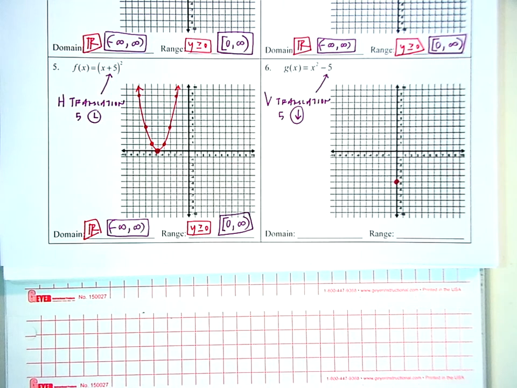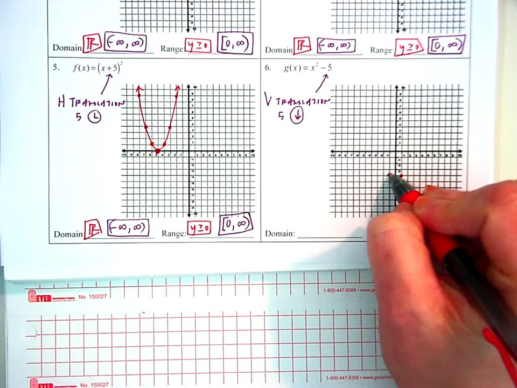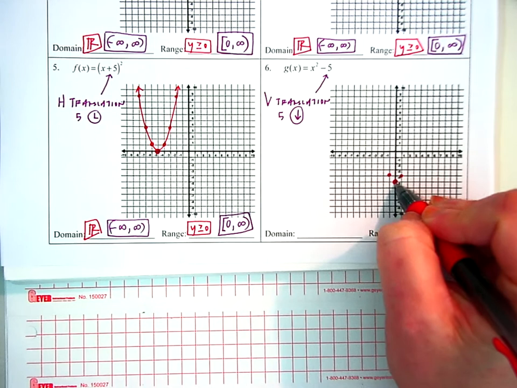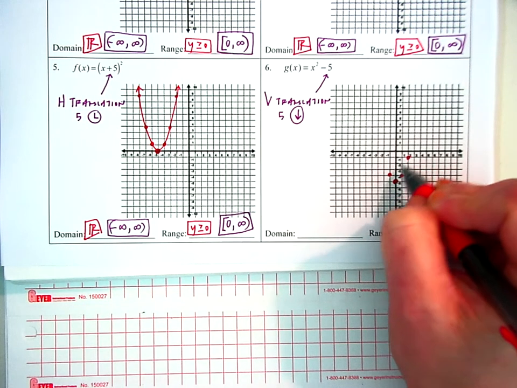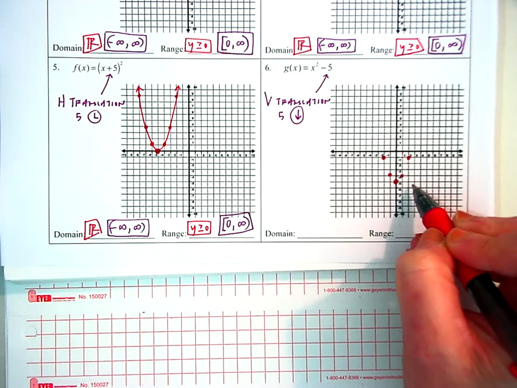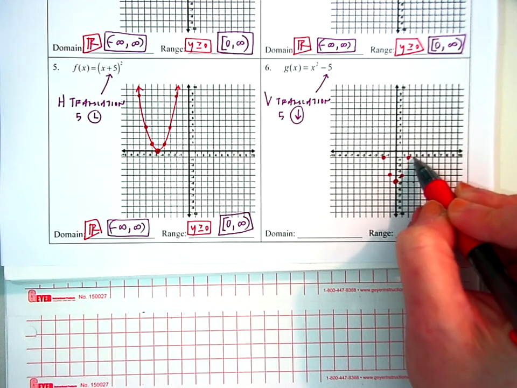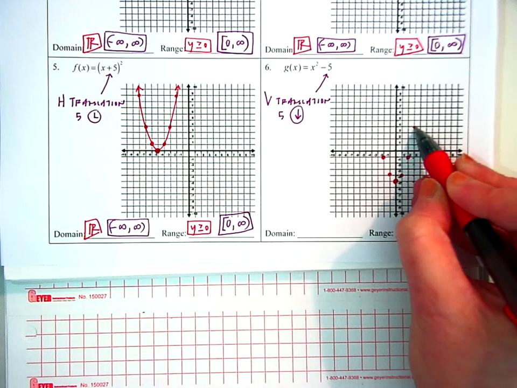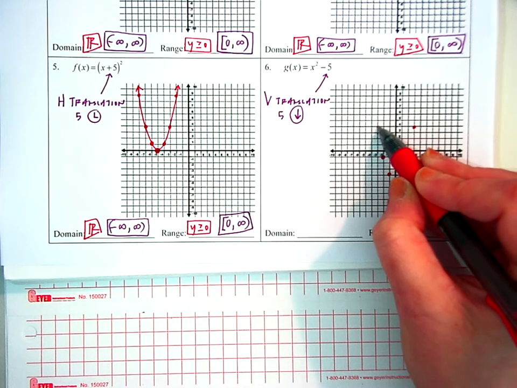So from the vertex, we go over 1, up 1, back to the vertex. Now we go over 2 and up 4. If I wanted another pair of points, back to the vertex, over 3 and up 9. Right here and here.